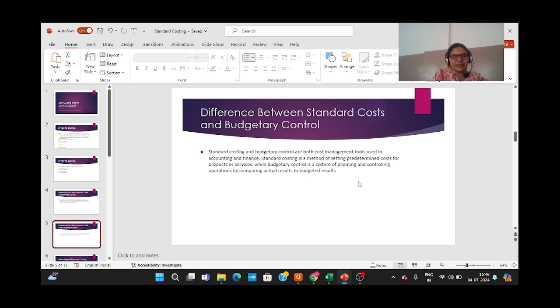Budgets are basically the expression of business policy in monetary or quantitative terms for the organization. But standard costing is a predetermination of cost on a scientific basis. Budgets are not part of books of accounts, but standard costing is a part of books of accounts.